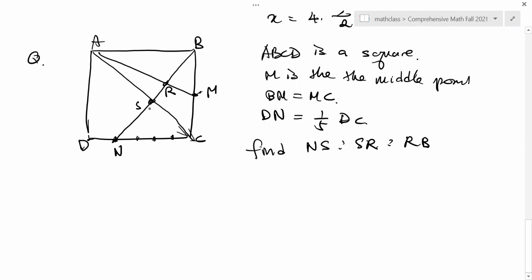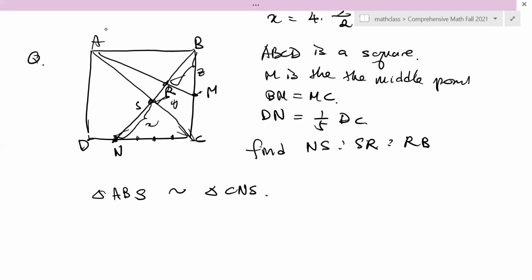For simplicity, I'm going to call this one X, that one Y, and that one Z. First of all, we see that the triangle ABS is similar to the triangle CNS.